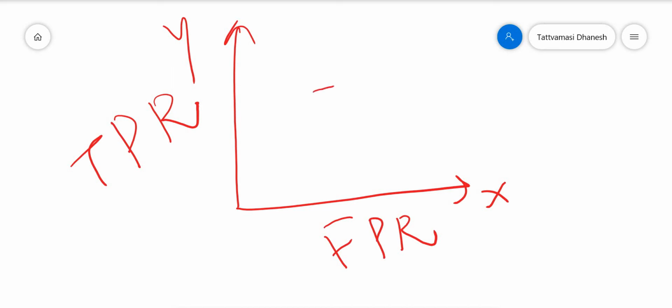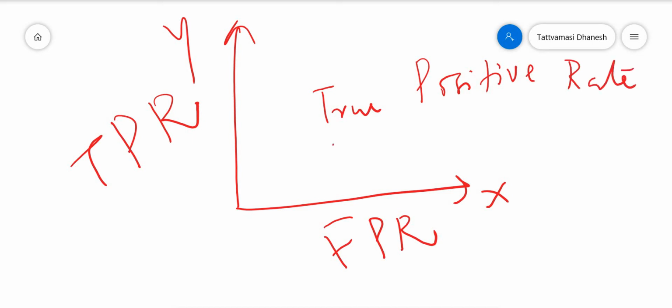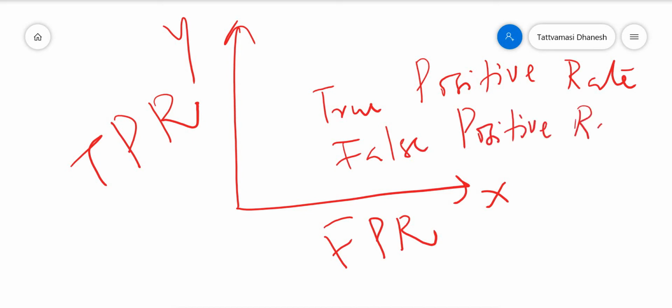TPR stands for true positive rate. FPR stands for false positive rate. So ROC curve is a graph between TPR and FPR.